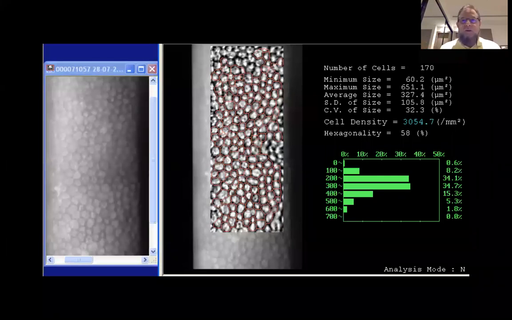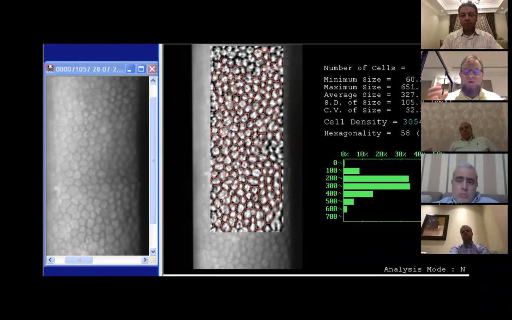The cell density should be at least, based on the age, of course, 2000 to 2500. And the CV index should be less than 40% to say that this case is suitable for intraocular refractive surgery.